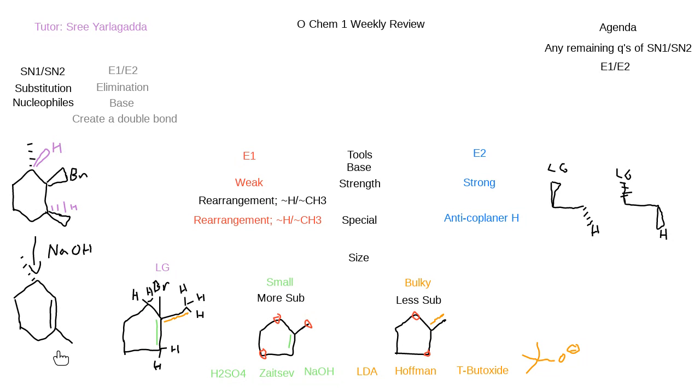So make sure you change the stereochemistry of substituents when they're bonded to a carbon that has a double bond. But keep this one. Don't change this one either. Okay. Any questions on this example?